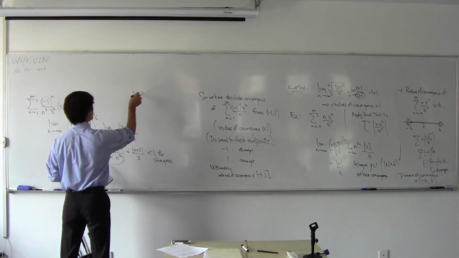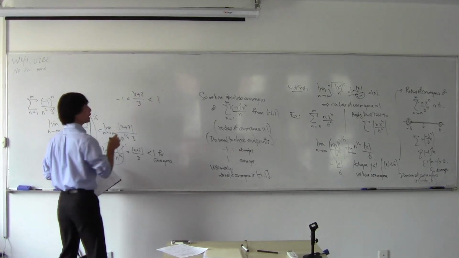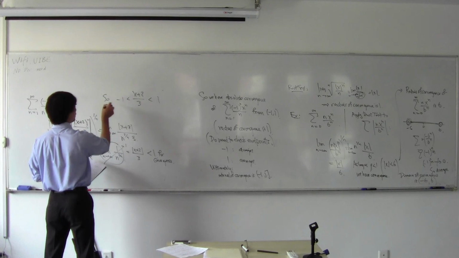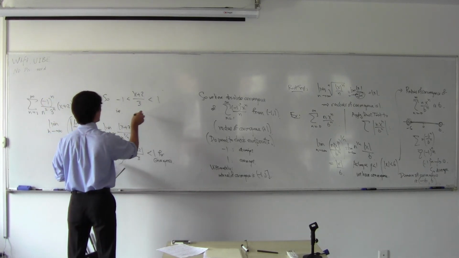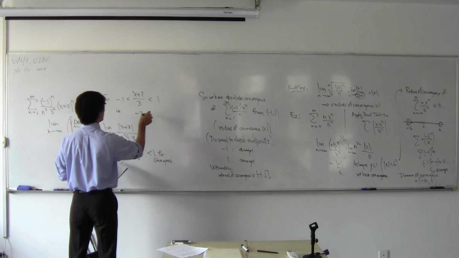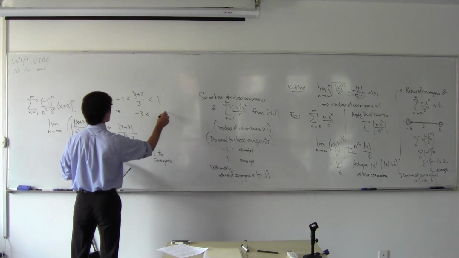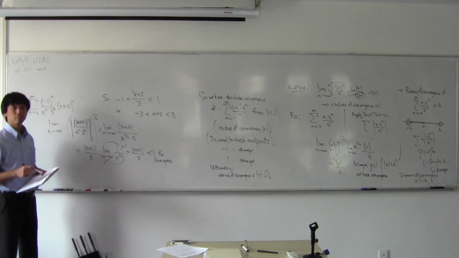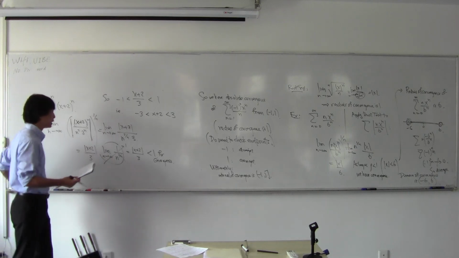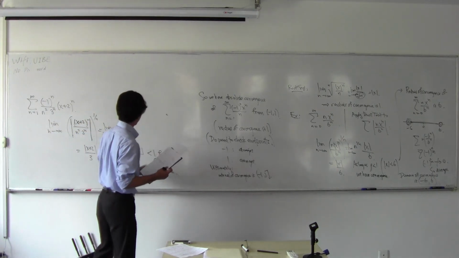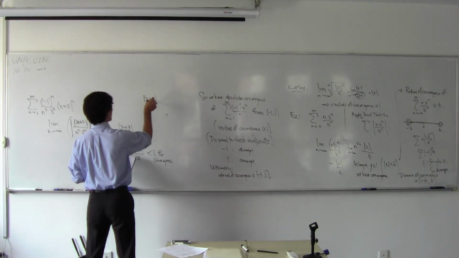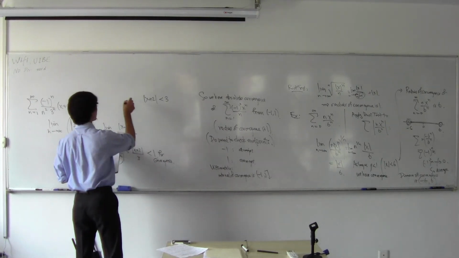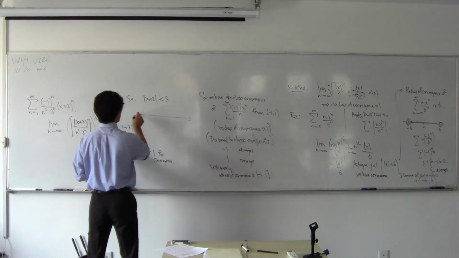So x plus 2 over 3 has to be between -1 and 1. In other words, x plus 2 has to be between -3 and +3. Let me say it this way. We know that the absolute value of x plus 2 must be smaller than 3. So what does that say?